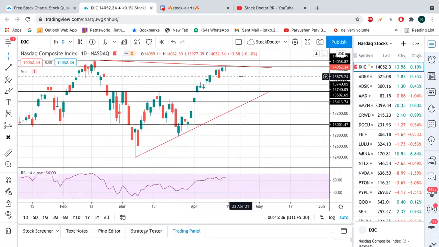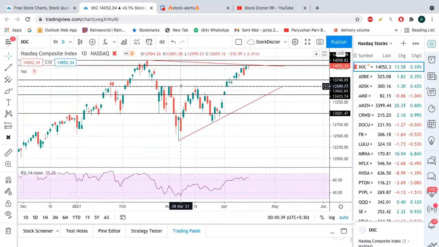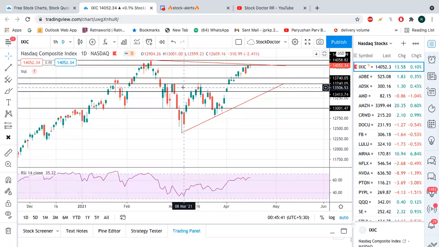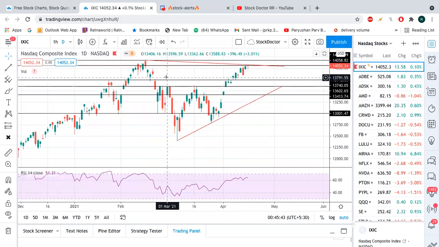So if somebody wants to be bullish in the Nasdaq, definitely he needs to wait till it closes and sustains above the previous high of 16th Feb, which is nothing but 14,175.